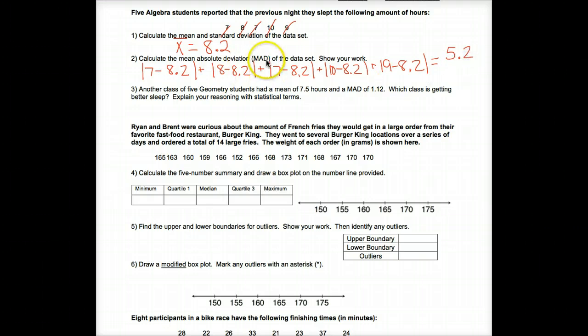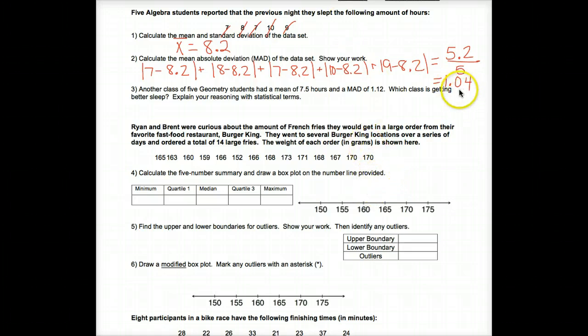And then we've done the deviations, we've done the absolute, now we're finding the mean. So add them all up and divide by how many there were, which in this case is 5. So 5.2 divided by 5 is how I got my MAD value of 1.04.